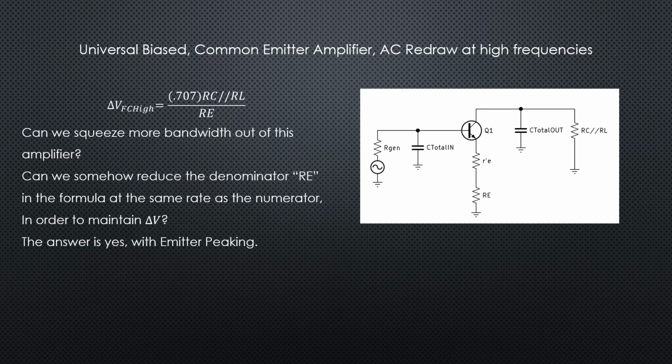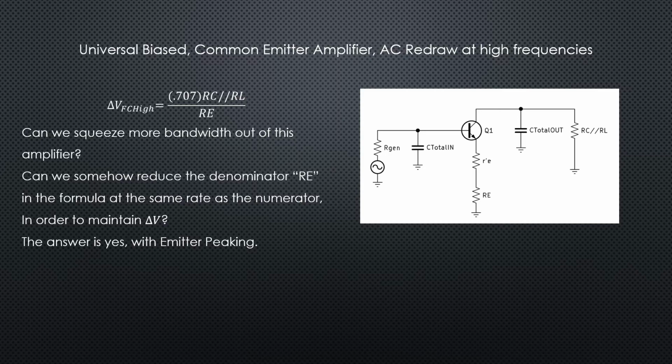One way of looking at it, it might not look like there's much we can do with the numerator. It's got the C total out in parallel with RC in parallel with RL, and as frequency goes up, that X sub C is just going to keep on going down. But there might be something more obvious we could do in the denominator with RE.